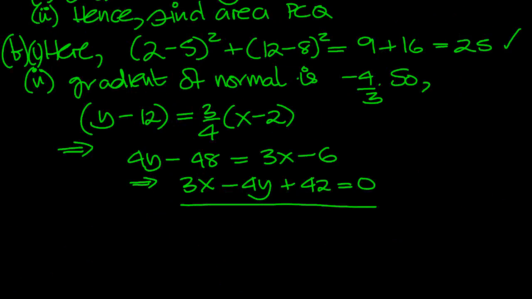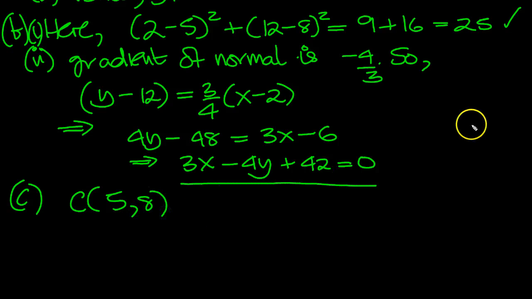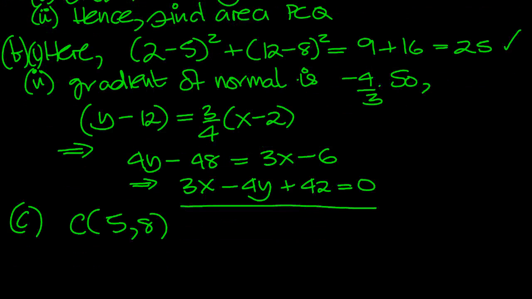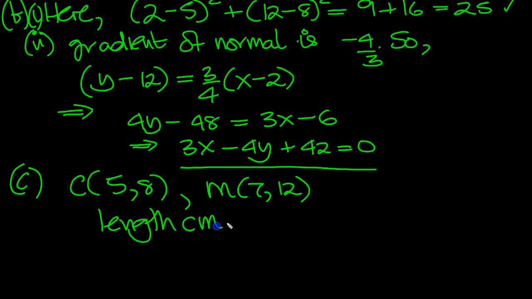So part C. The centre is (5, 8). The midpoint M is (7, 12). So the length CM is equal to, using Pythag, the horizontal difference is 2, so it'll be 2 squared on the horizontal. 8 to 12 is 4 squared.